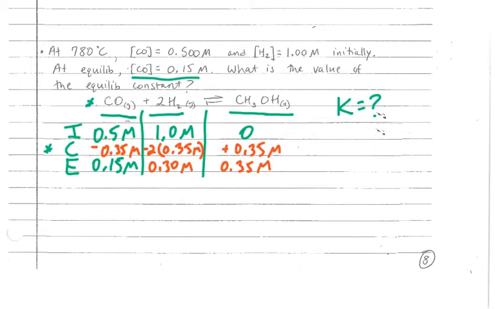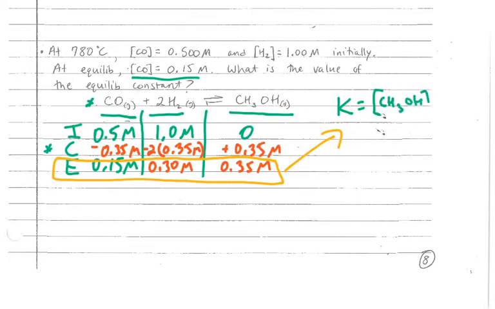Alrighty, so now we have equilibrium concentrations that we can plug into our equilibrium constant expression. And maybe we should write that out. Erase this question mark for a second and write out that for this equation, CH3OH is the product and the concentration of the reactants on the bottom here, H2 is squared. Alrighty, so now we just plug in these values.